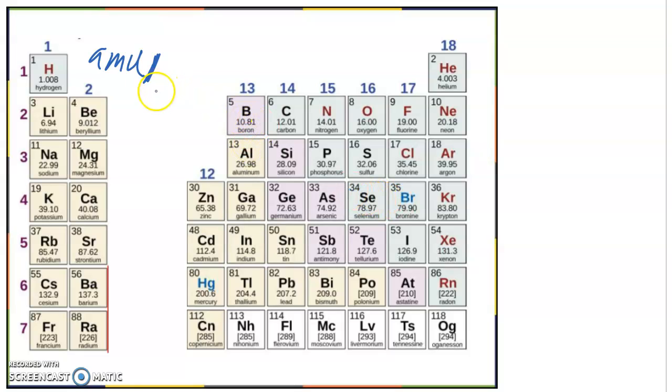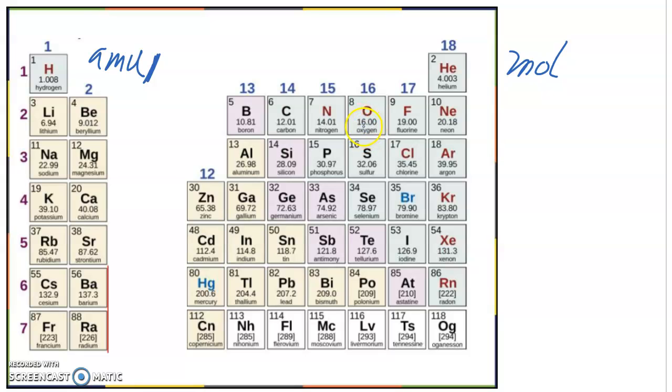So how do we use a more familiar unit instead of using atomic mass unit? So that comes with a new unit called mole. The definition of a mole is we try to match this atomic mass unit.